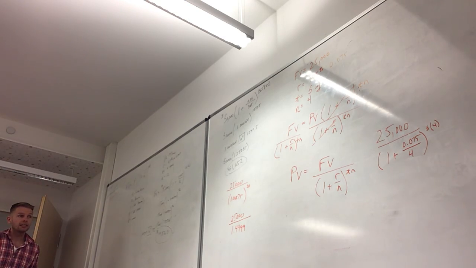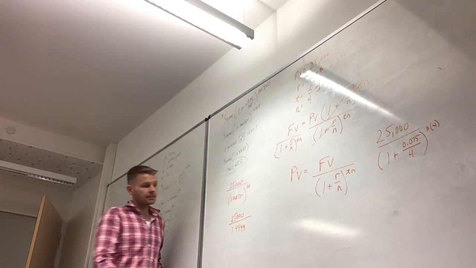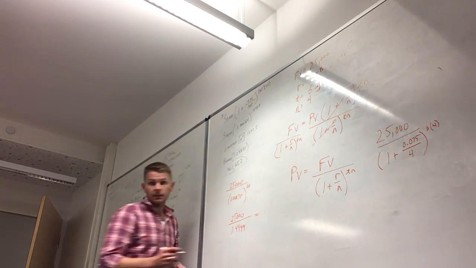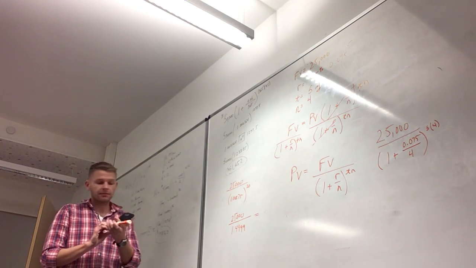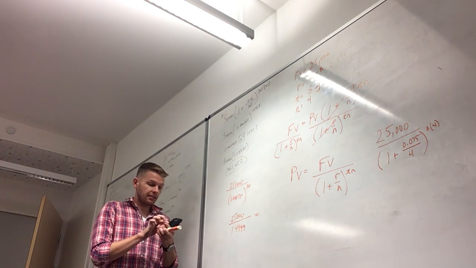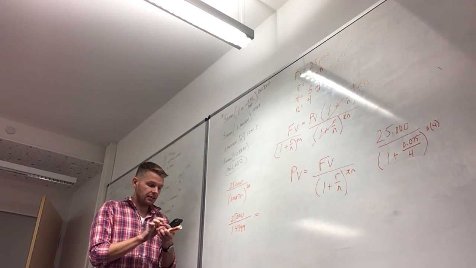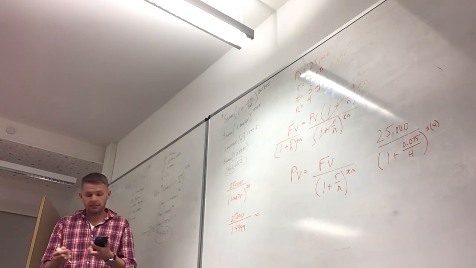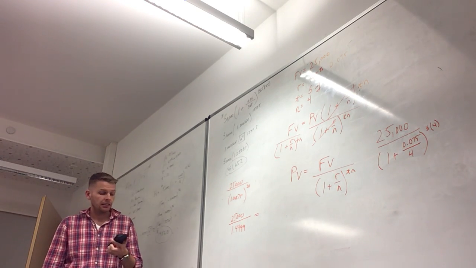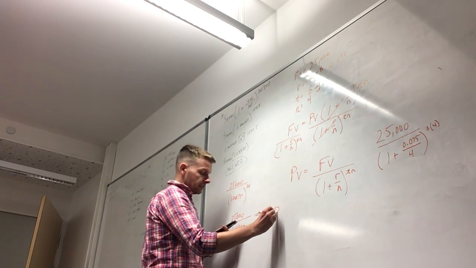And when you divide 25,000 by this, what do you get? Or how about this? Let me do the math and then I'll ask you. I got $17,242.56.